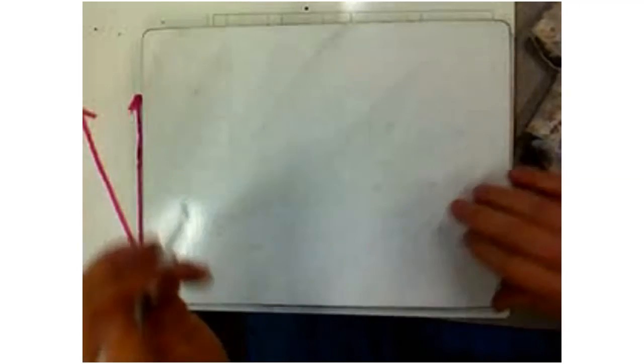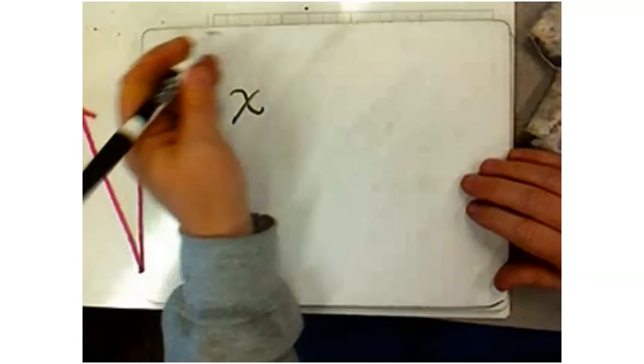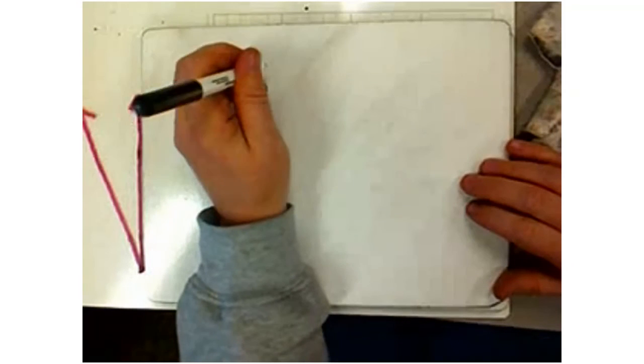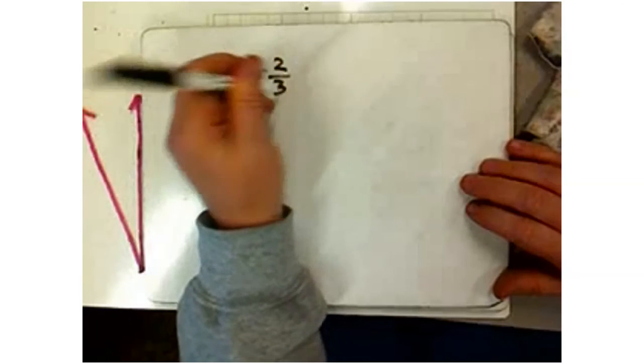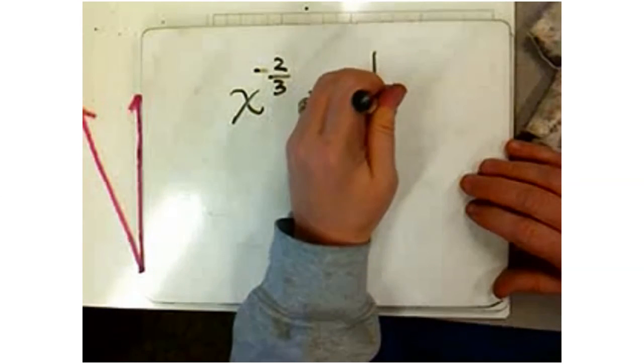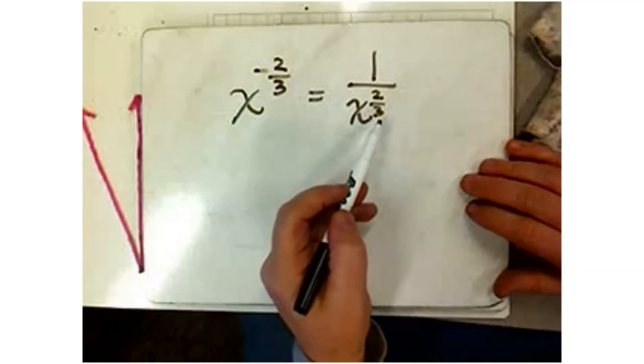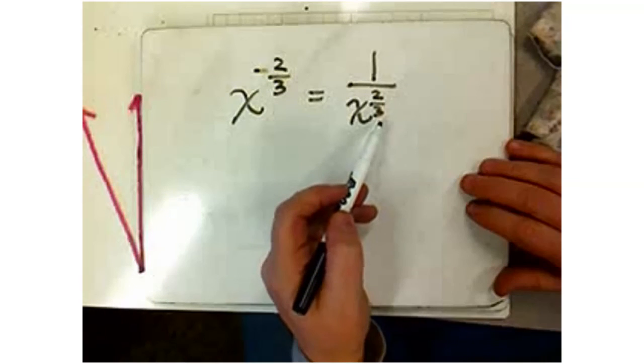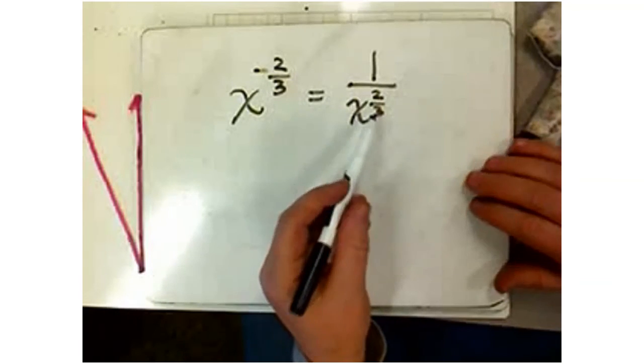So those are some radical rules. Remember that something to the negative exponent means you inverse it, right? So x to the negative 2 over 3 actually means 1 over x to the 2/3. And then that's a radical, isn't it? It's the cube root of x squared, so we'd need to rationalize that.